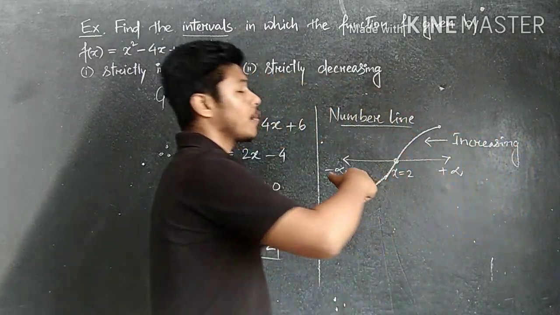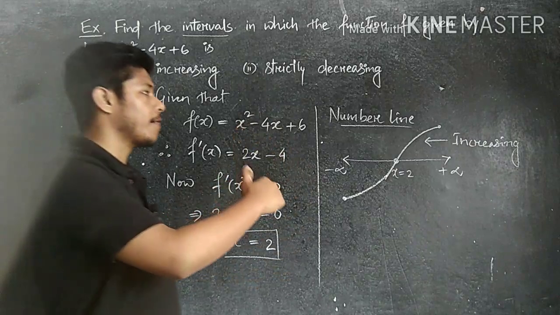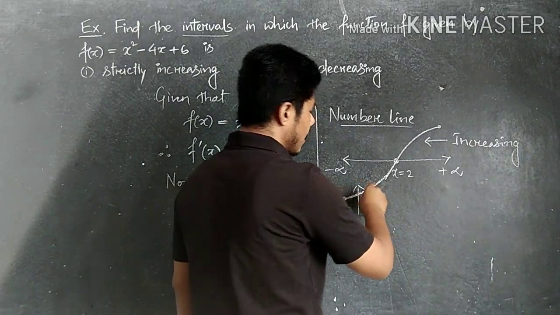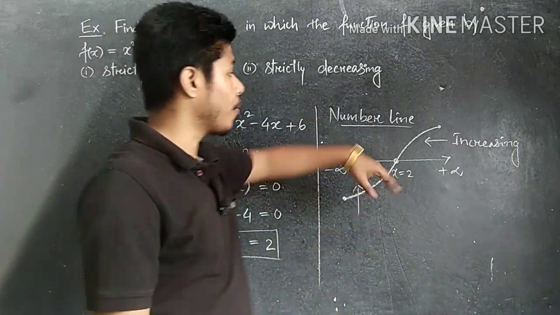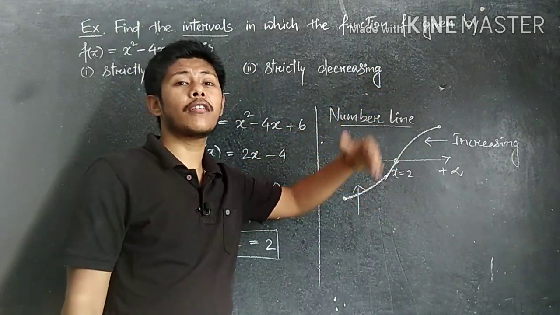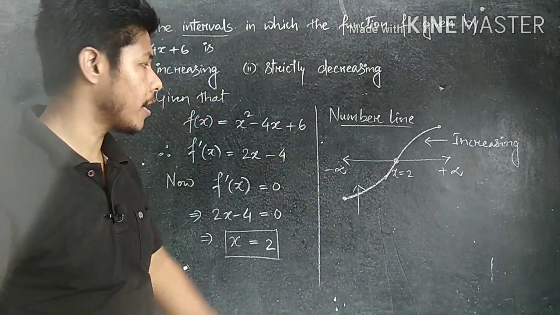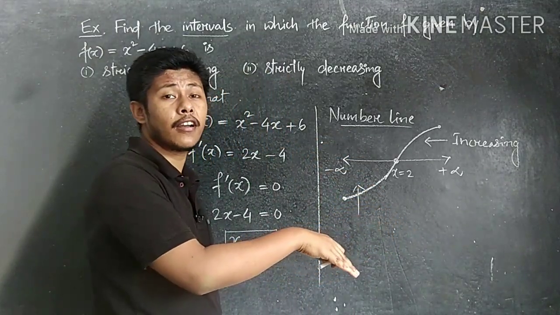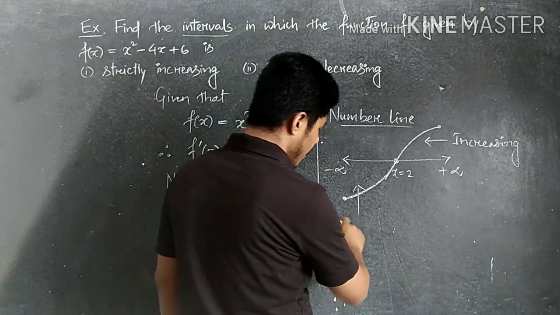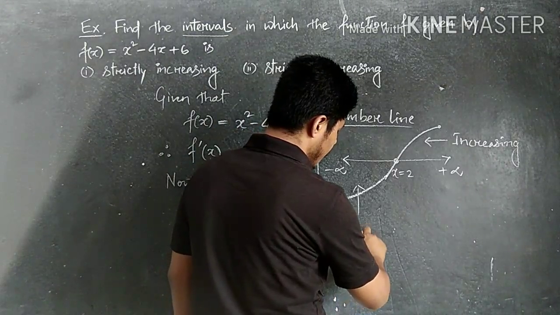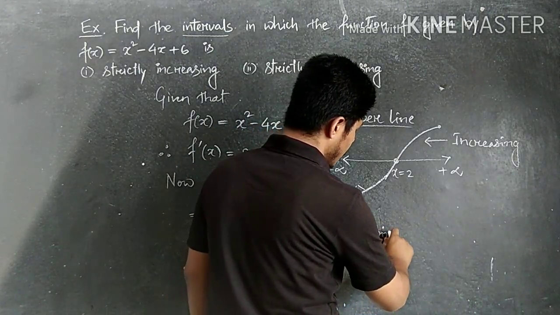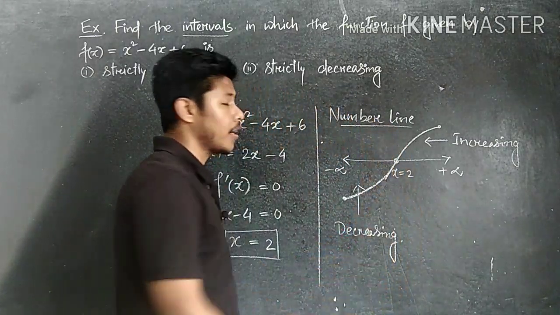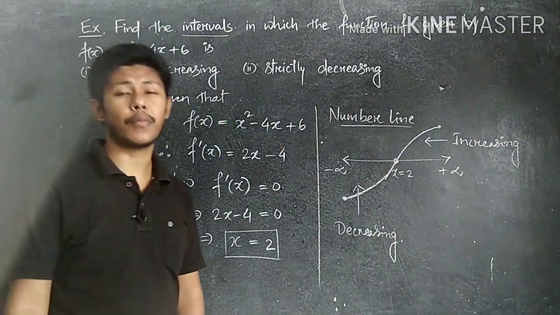So if you draw the wavy curve, after the curve, easily you can mention here the above parts. The upper part is for increasing, and the curve which is on the lower side is for decreasing. So that means this one is for decreasing. Is it clear? So this method is known as the wavy curve method.